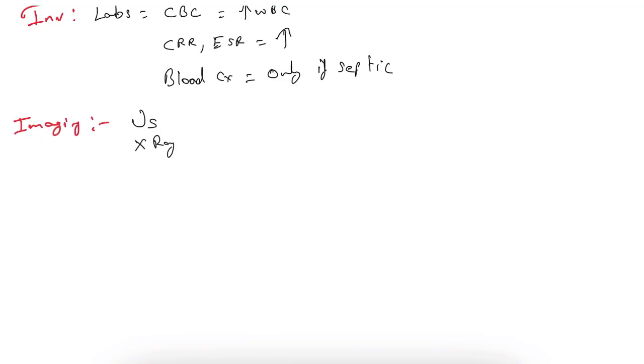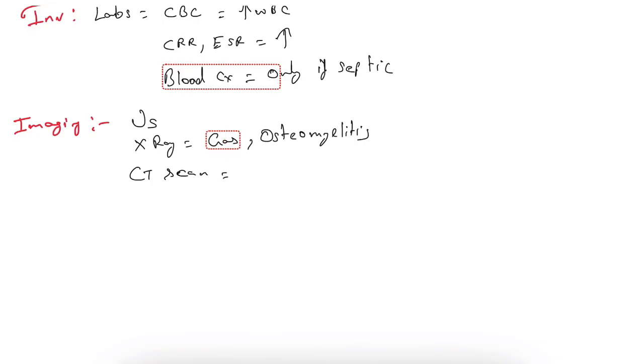We can do X-ray if you are suspecting gas gangrene or osteomyelitis. Next, CT scan. The CT scan will define deep tissue spread. And if you are suspecting necrotizing fasciitis or osteomyelitis, to see how much bone damage there is, then MRI is the best option.